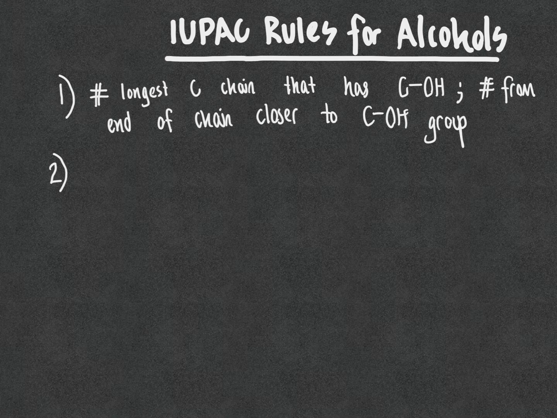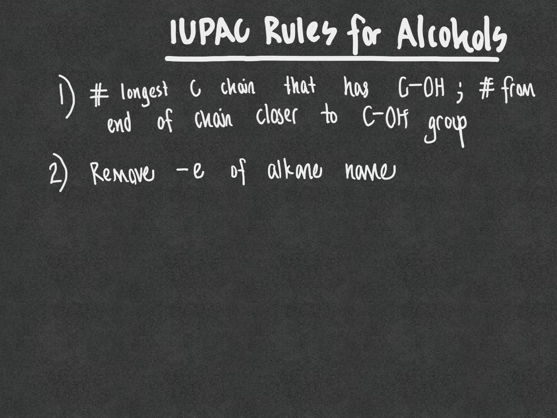So let's go ahead and write that second rule down, which is that we will remove the E from the end of the alkane name. And the alkane would be what it is if there was no hydroxy group in the molecule whatsoever. Remove the E from that alkane name and add the suffix OL instead. So remove the E from the alkane name and replace it with OL for alcohol.